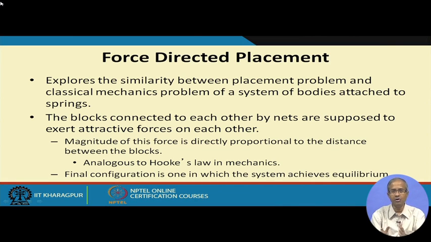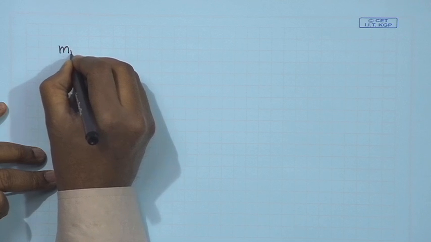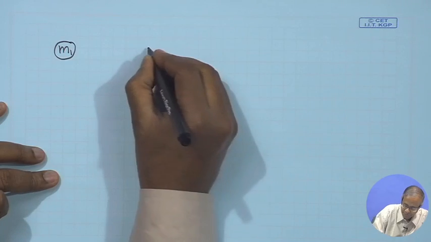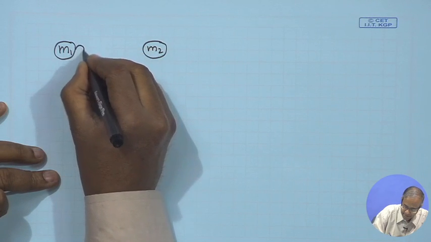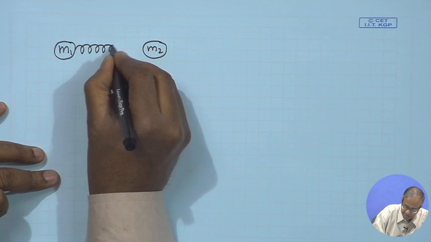Hooke's law relates to the property of a spring, how stretching or contracting a spring exerts force on a body or a mass which is connected to the spring. So, let us see. Suppose we have two masses, let us call them M1 and M2, that are connected by a spring.